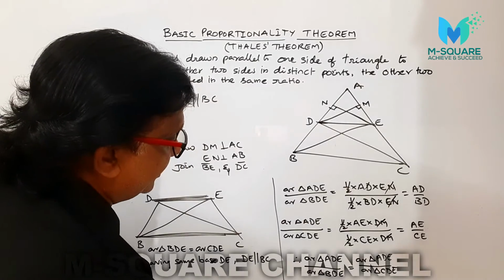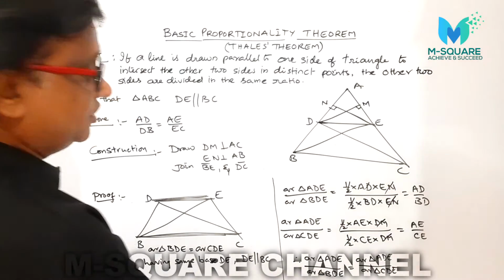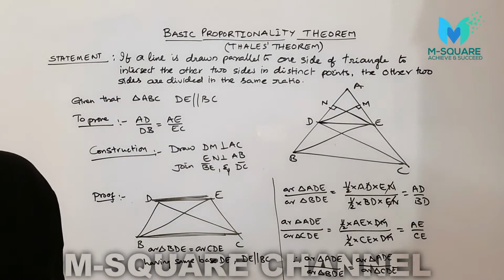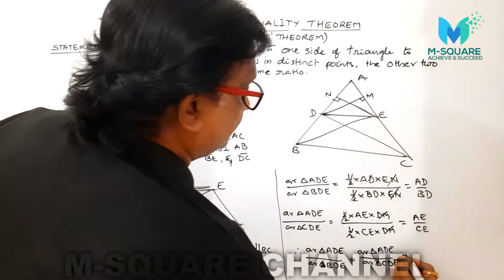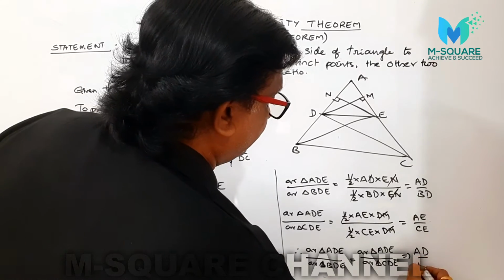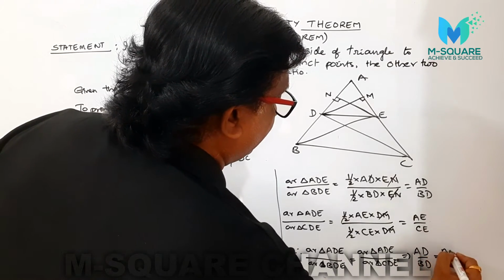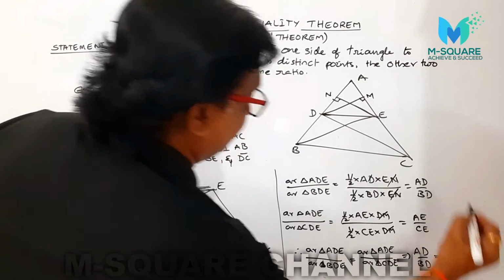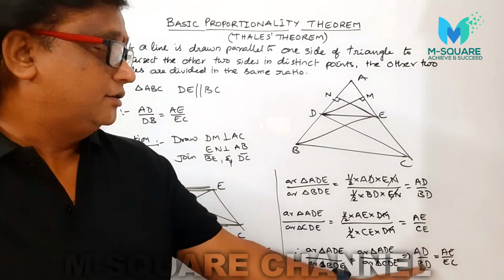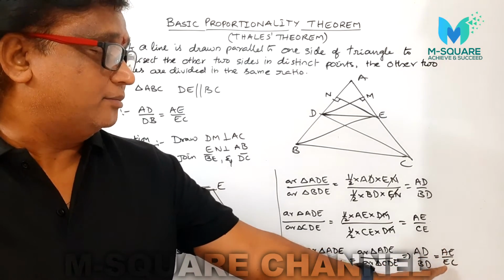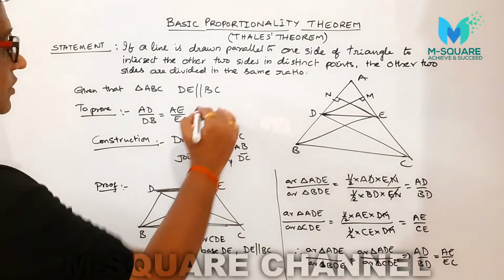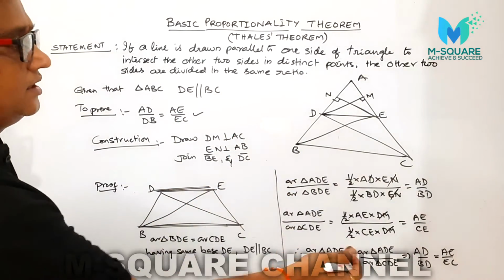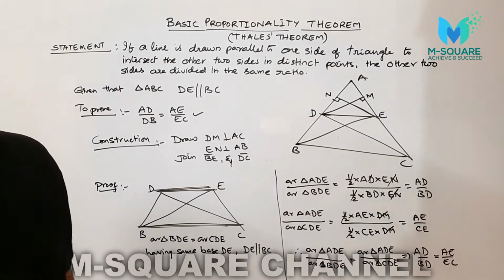That means AD by BD is equal to AE by EC. This is the first condition. After that, as a corollary, we are taking the remaining ratios also.